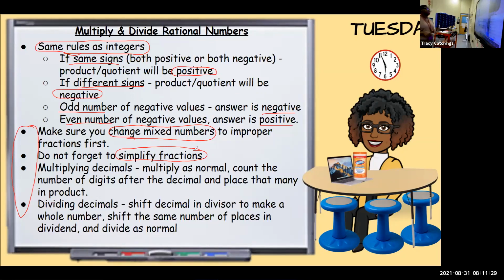We will count the number of digits after the decimal and place that many in the product. And then for division of decimals, we will shift the decimal in the divisor to make a whole number. We'll shift the same number in the dividend. And then, of course, we would divide as normal. Do we somewhat remember that from 5th and 6th grade? Multiplying, dividing with fractions and decimals. Good.